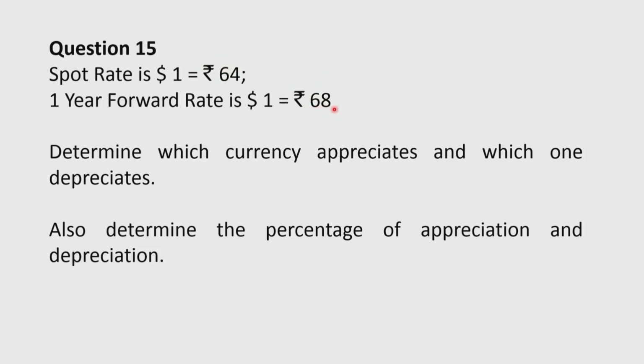So rupees 4 is the amount of increase and the base price of dollar is 64. So if I would want to know the percentage increase over 1 year time, it will be difference, that is rupees 4 divided by the base price, that is 64, correct? And once you do that, you get to know that 4 divided by 64 into 100, the appreciation of dollar is by 6.25% per annum.